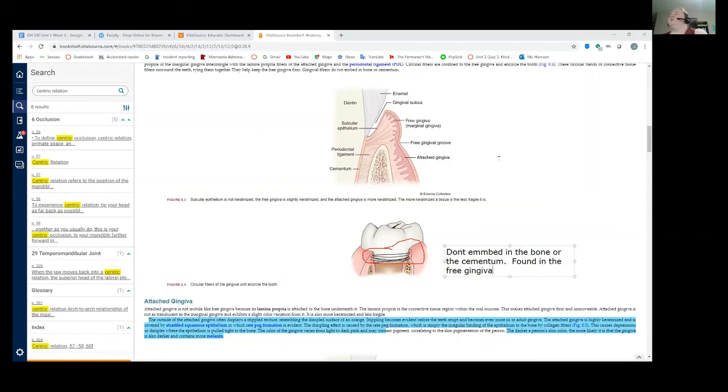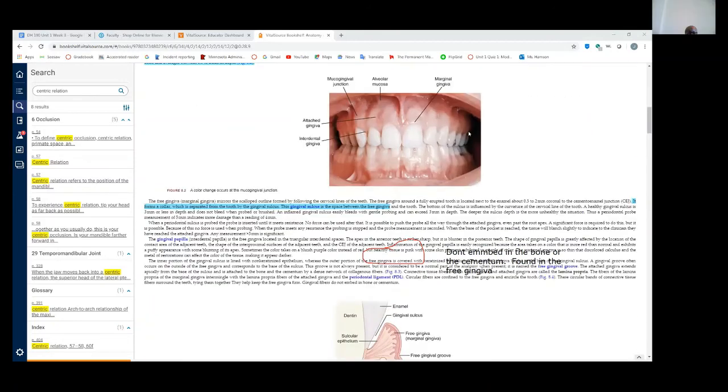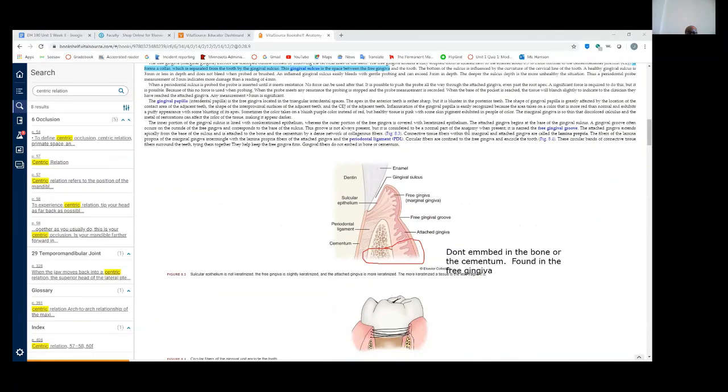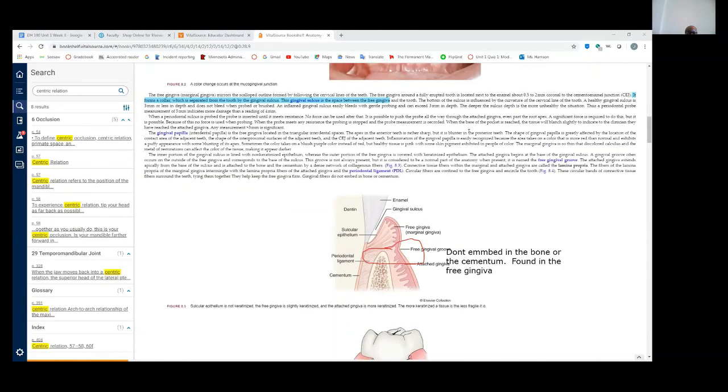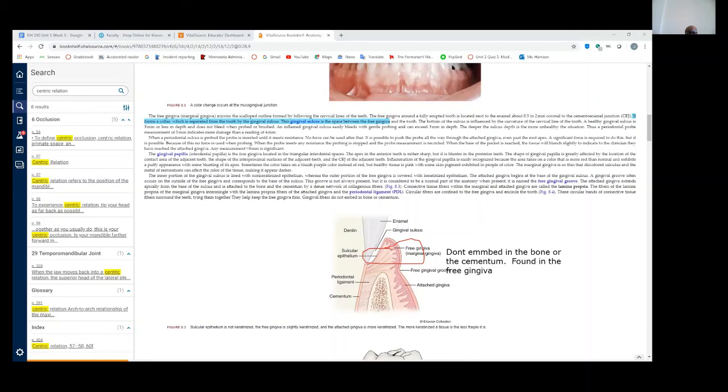So what do you think happens if bacteria gets into this free gingiva? Let me scroll up a little here. Okay, what do you think is going to happen if bacteria gets in right here?